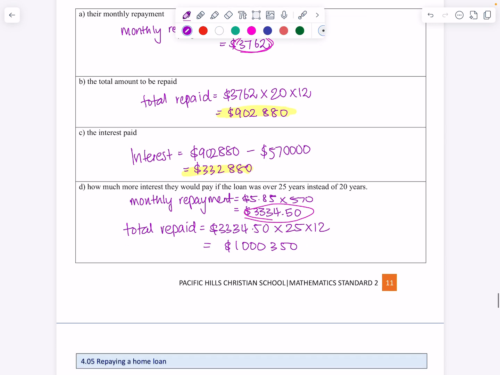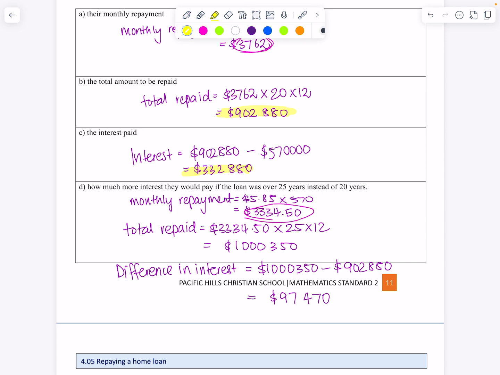And let's finally answer the question. So the difference in interest over the 25-year loan and the 20-year loan, you can just subtract the total repaid, which is the 902, and that should give you $97,470.